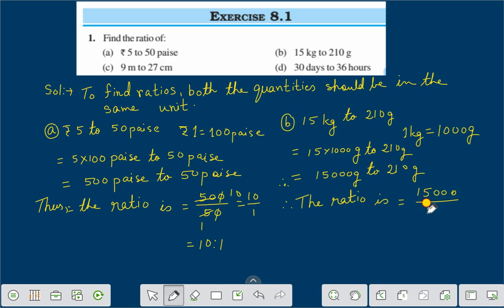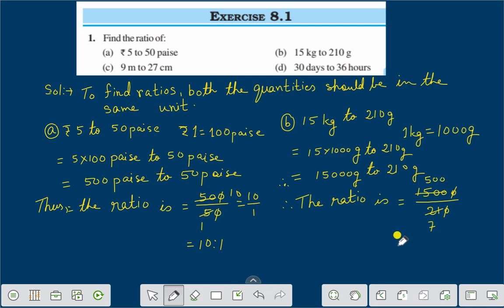This 0 and this 0 will cut. If you change into lowest term, you divide it by 3: 3 7 21, and 3 5 15, 0 0.